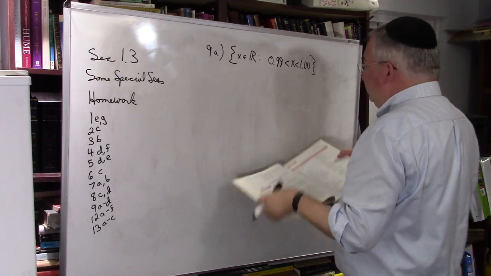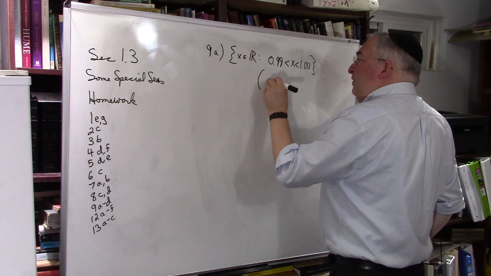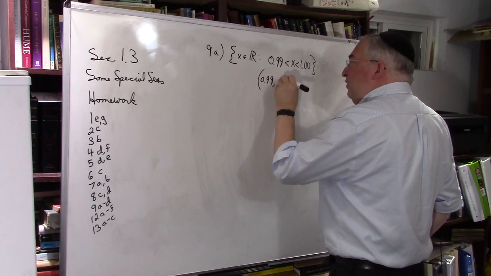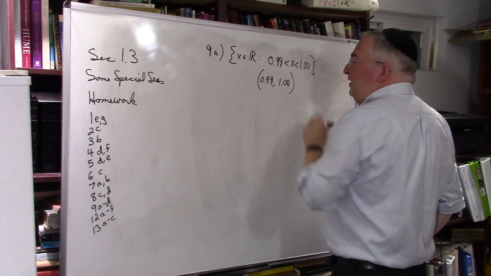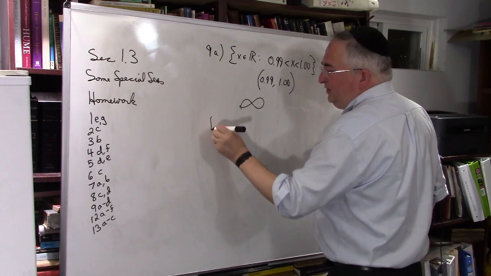Basically we're looking for this interval, 0.99 comma 1.00. And the answer is how many elements are there? There are an infinite number of elements.